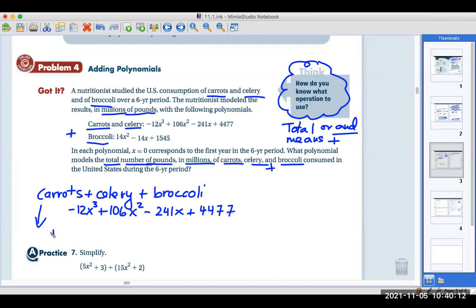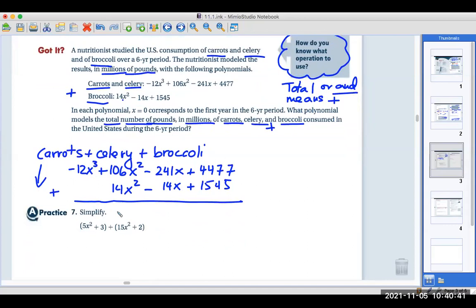And I'm going to add the second one, but I'm going to line it up, it starts with x squared, so I'm going to line it up here. So plus 14x squared minus 14x. I'm lining it up with your variables, with your like terms, plus 1545.